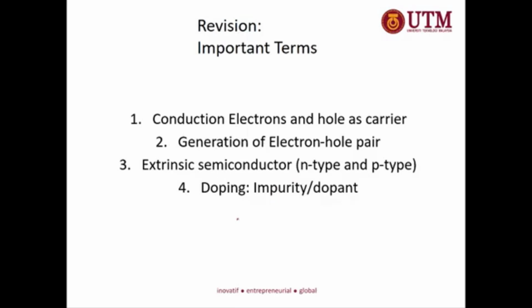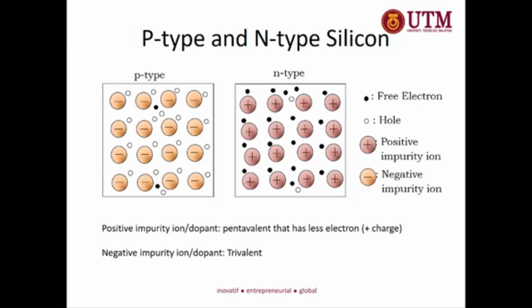We add the impurities or foreign atoms, which we call dopants, through a doping process. What are N-type and P-type? This shows you the image of the P-type and N-type.